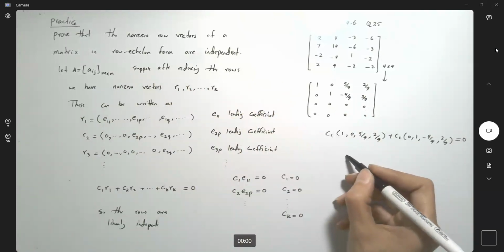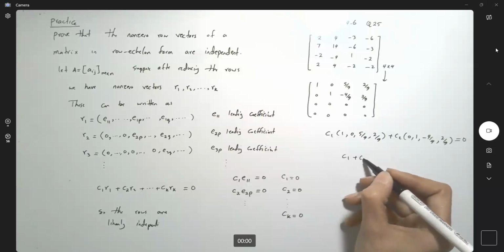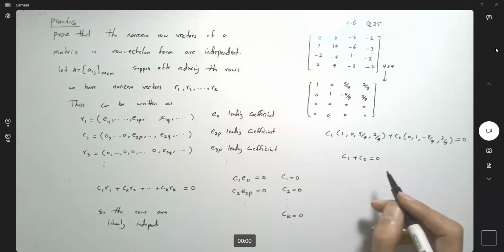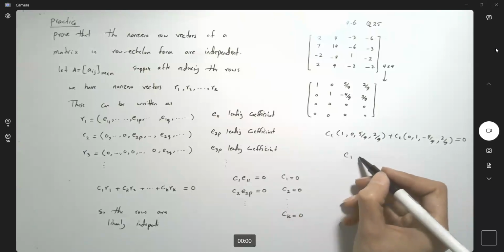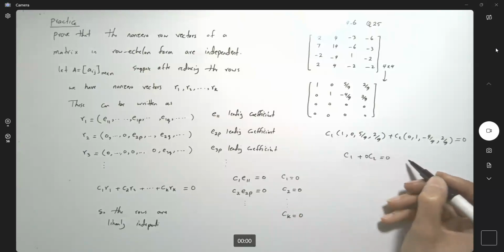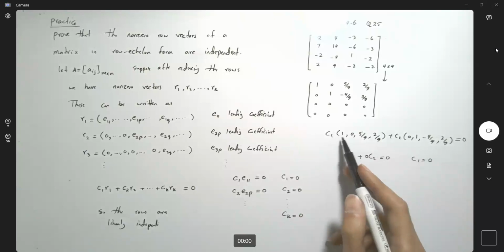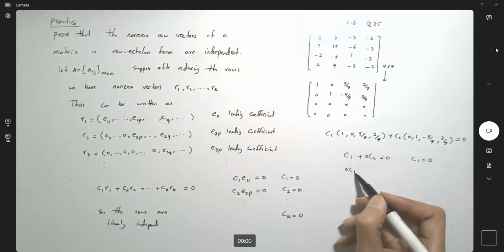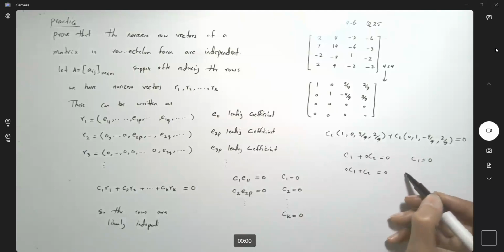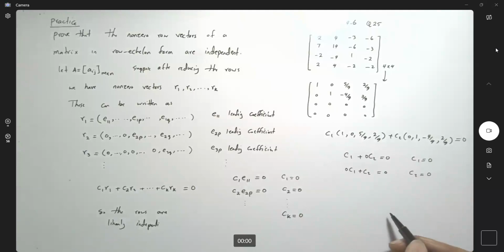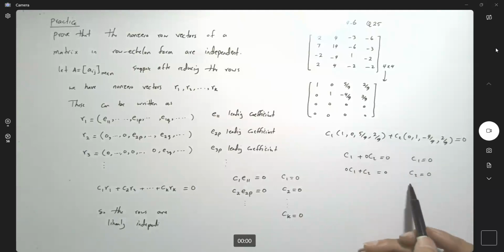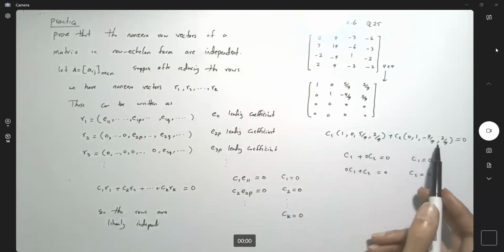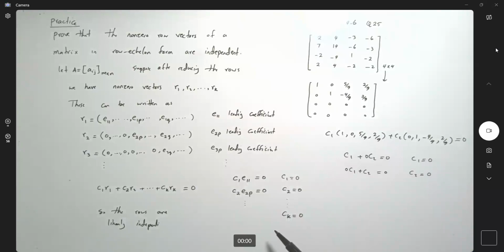So you're saying that C1 plus 0 times C2 is equal to 0, so C1 must be 0. Now here you have 0 C1 plus C2 equal to 0, so C2 is equal to 0. For the rest of them, since you already have C1 and C2 equal to 0, these need to be 0 to make the sum equal to 0.